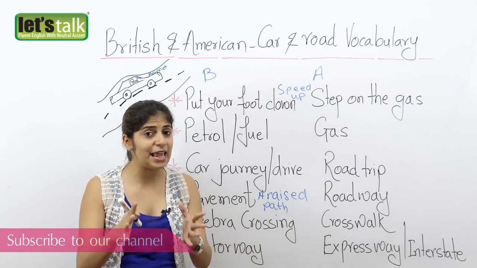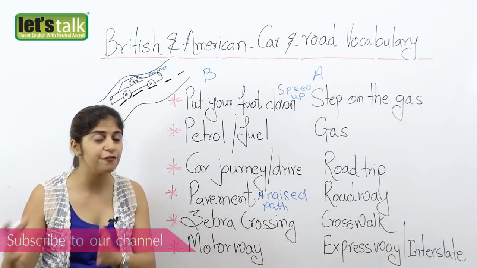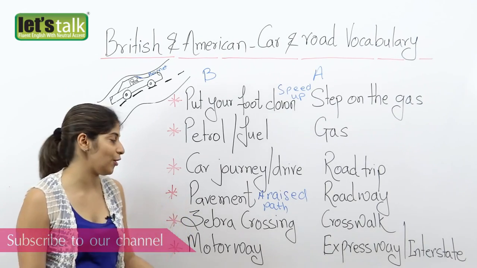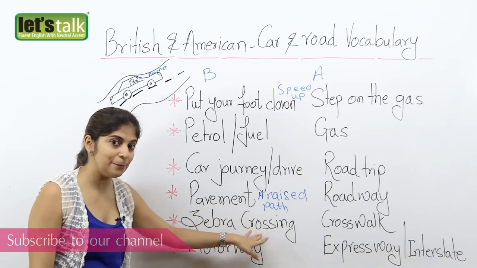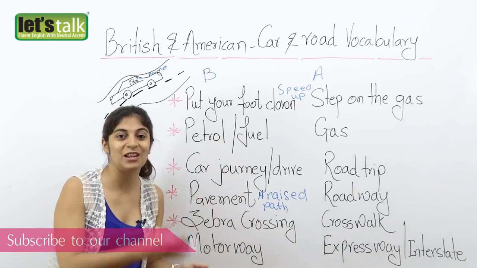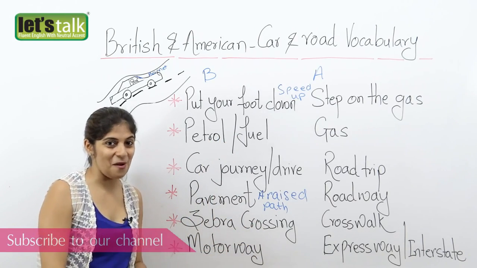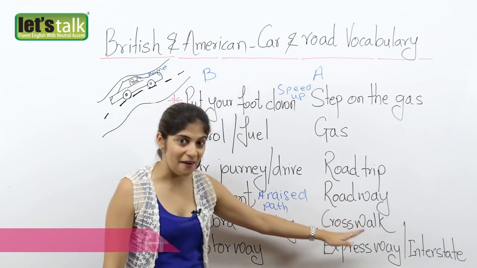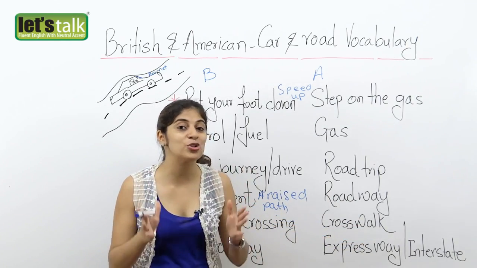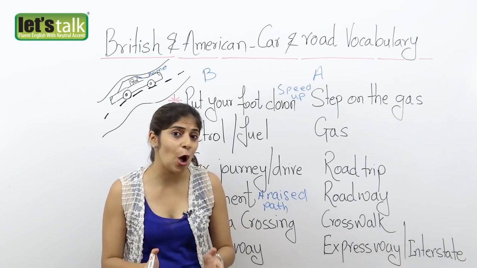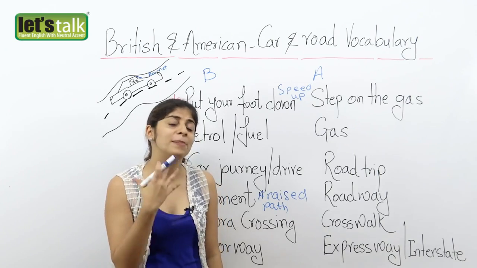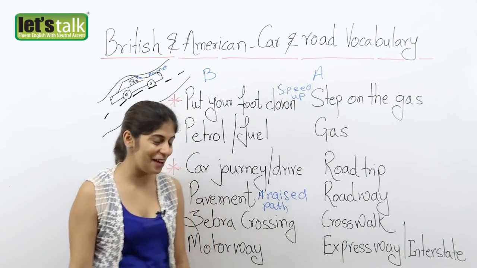So that is an indication for the car drivers to stop, for the pedestrians to cross. It's called zebra crossing, maybe because it has black and white stripes on the road. So it's called zebra crossing in British English, whereas in American English, it's called a crosswalk, or they also call it pedestrian crosswalk, or pedestrian crossing, right?